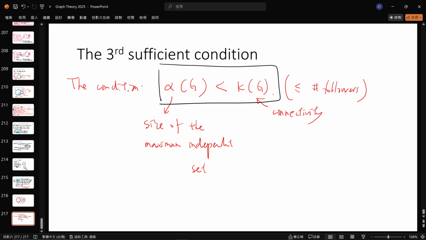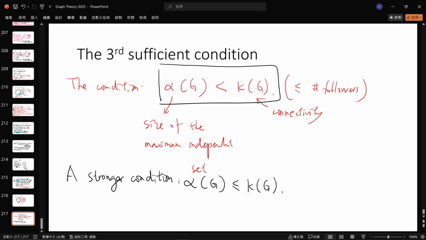So actually we can find a stronger condition, okay? The stronger condition is that we can allow equality here.